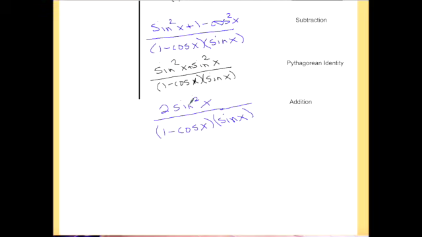Well, I do see sine squared, and I know that when I see a square, it usually makes me think of a Pythagorean identity. So let's try using a Pythagorean identity here. I know that sine squared is really 1 minus cosine squared. So I could replace this with sine squared being 1 minus cosine squared.